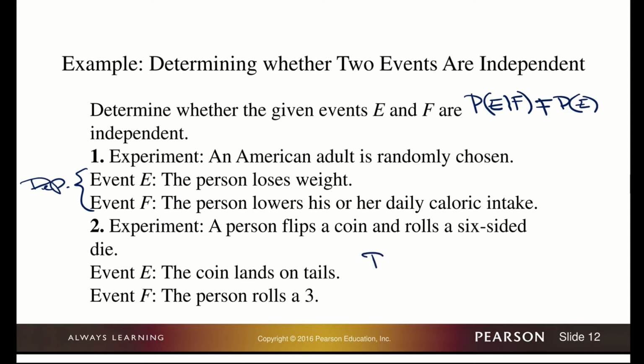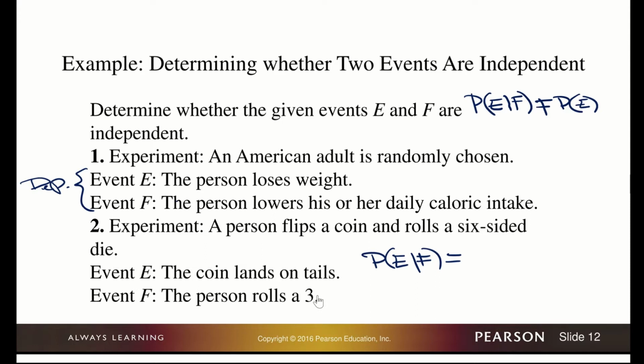So we want to know if the probability of E given F is going to be the same as the probability of E by itself. Now think about it. Consider event F first, because when you write E given F, you're going to assume F has already happened, right? So the person has rolled a 3.